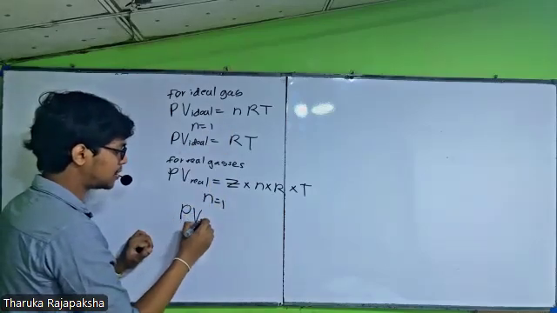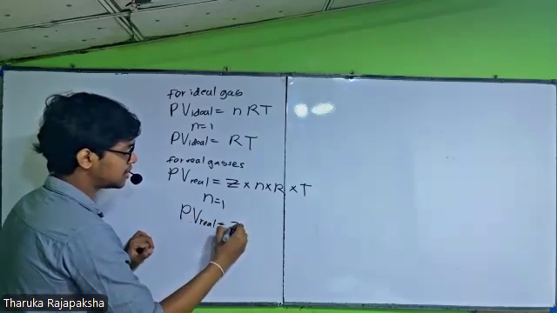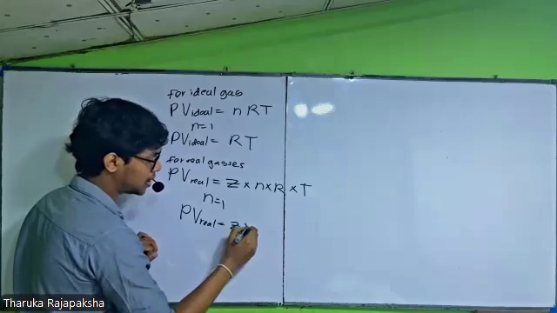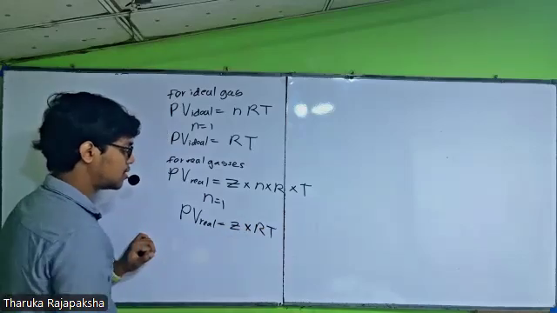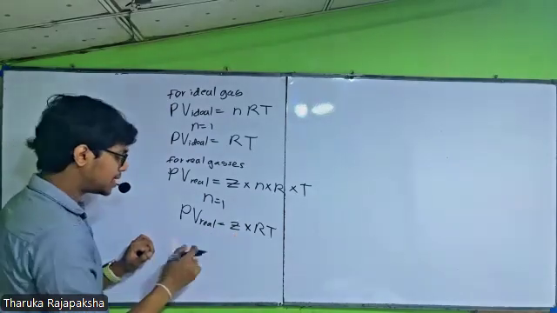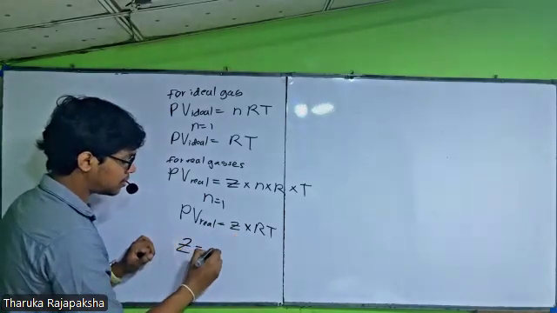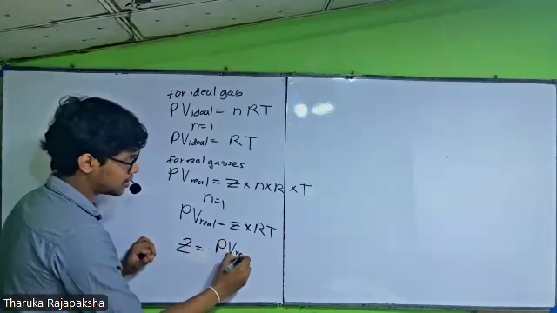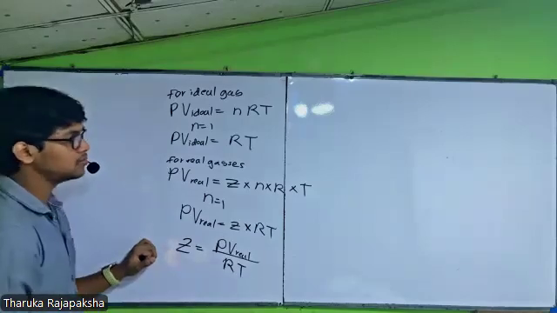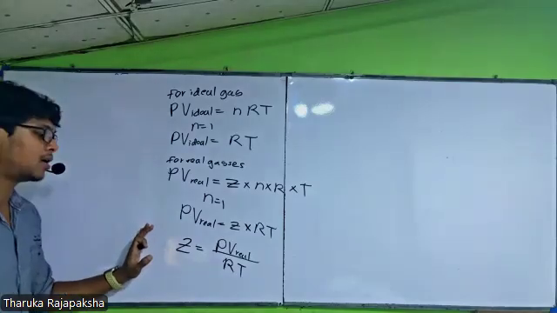So PV real equals Z into RT. If we make Z the subject, Z is equal to PV real divided by RT. Right? PV real divided by RT.